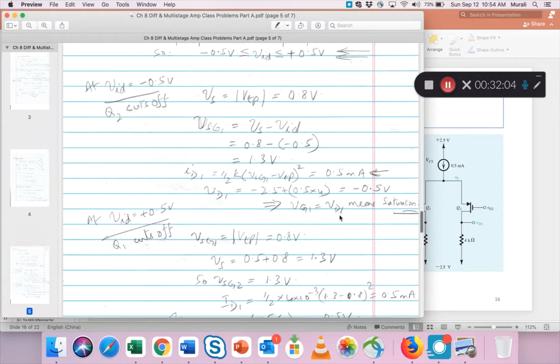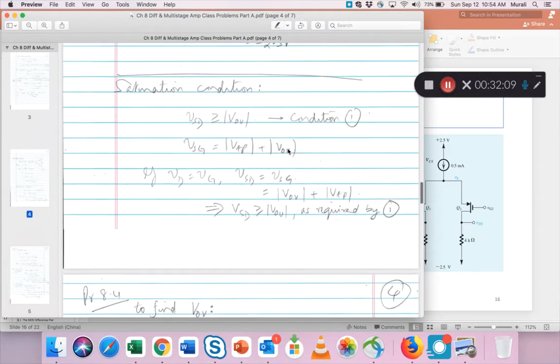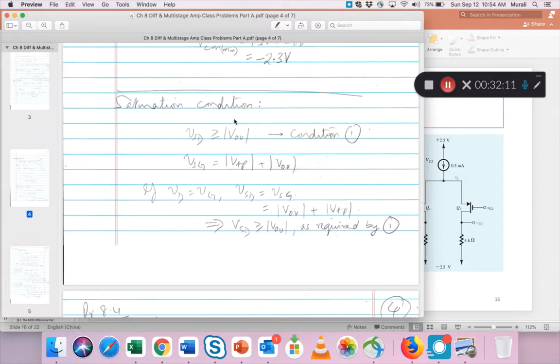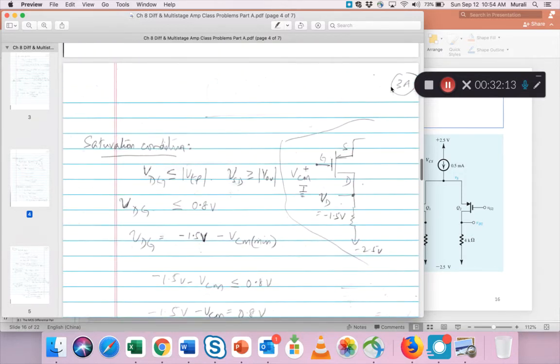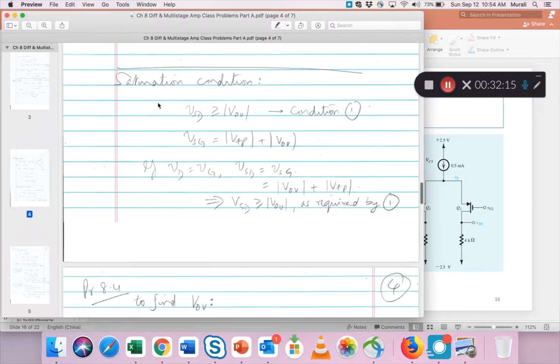So when VG1 equals VD1, that means saturation. And I think this is what I was explaining in the previous page, page 3a, as the saturation condition.